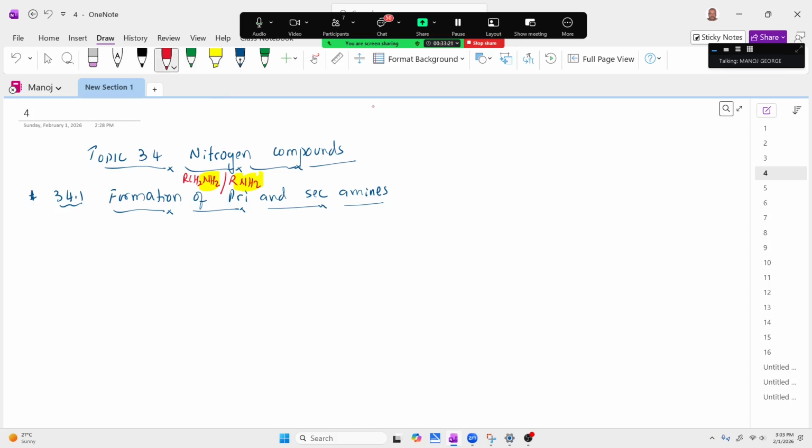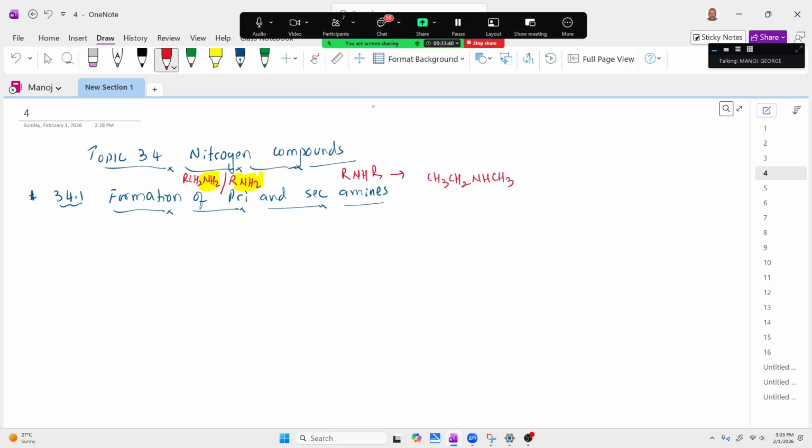When it comes to secondary amine, you're going to see NH, so you might see an R here and an R here. For example, you will see something like this: CH3CH2NHCH3.